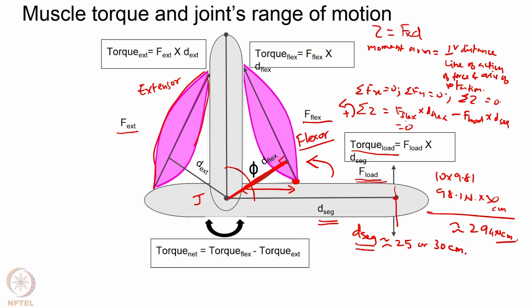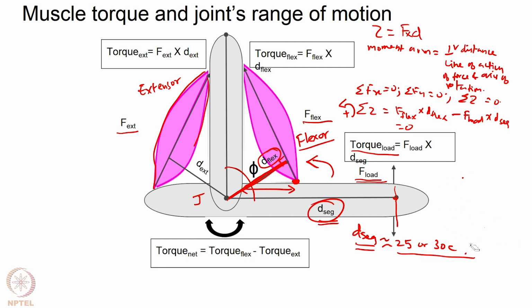Important to note here is d flex is usually a fraction of d segment. D segment is of the order of 25 to 30 centimeters, whereas d flex is usually a few centimeters. For convenience I am going to say that is about 3 centimeters, whereas d segment is about 30 centimeters. Now, it makes my problem easier to solve, and let us assume that the load that I am carrying is, instead of 10 kg, I am going to call that 100 newtons.